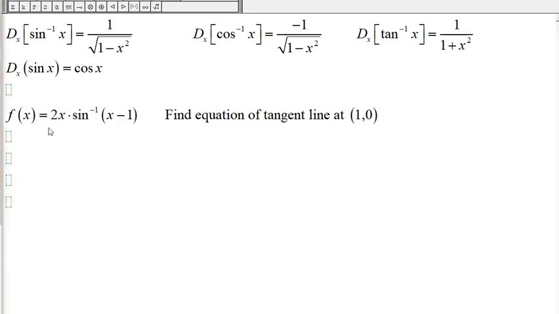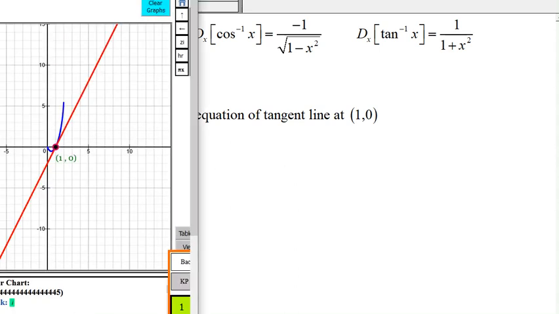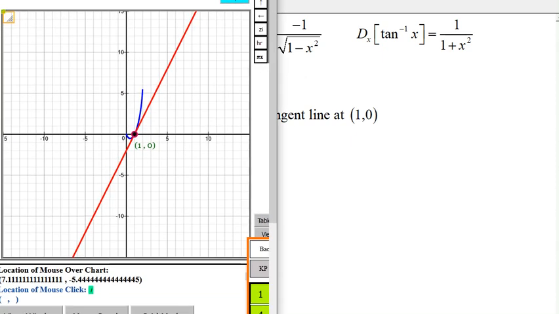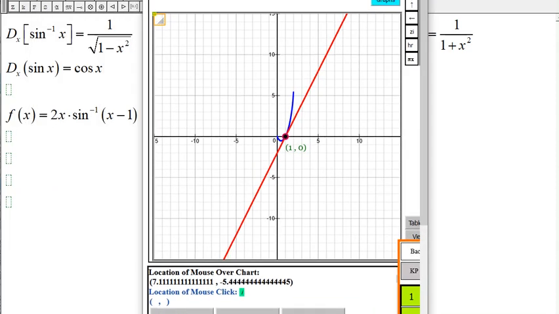Here we have the function 2x times sine inverse of x minus 1, and we want to find the equation of the tangent line at the point 1, 0. And this is the graph of the function 2x times sine inverse of x minus 1.